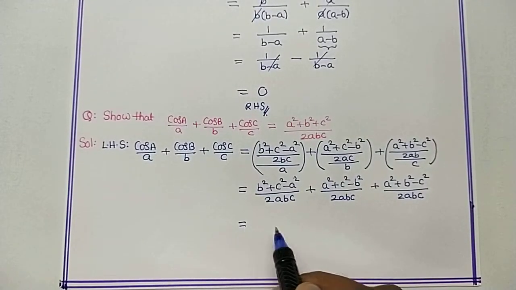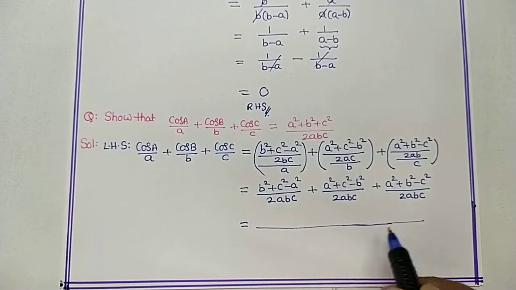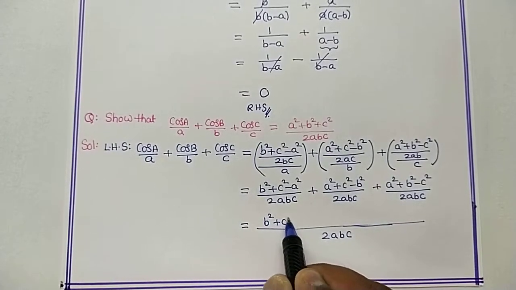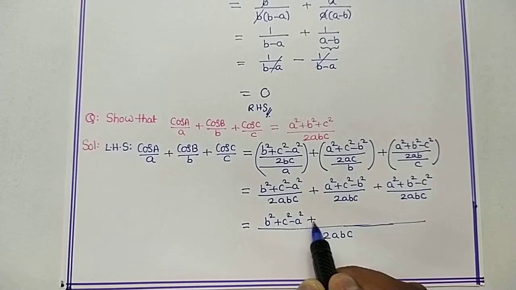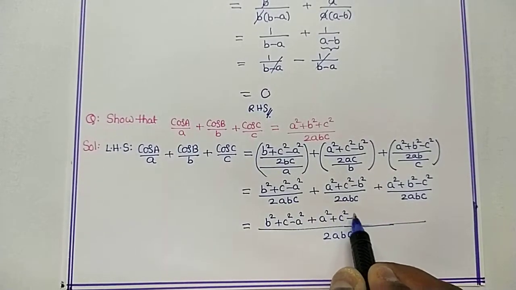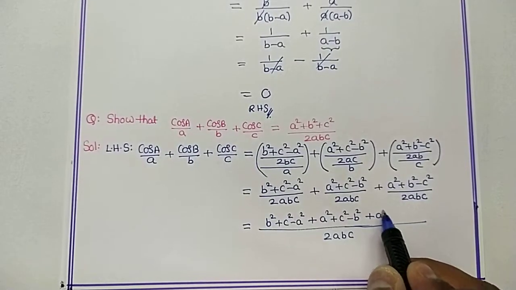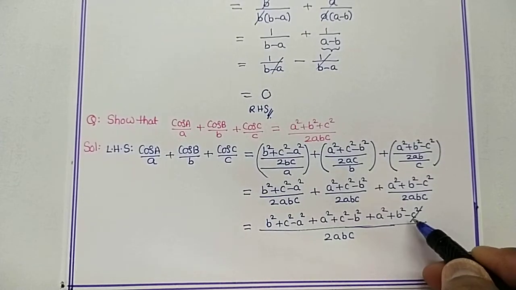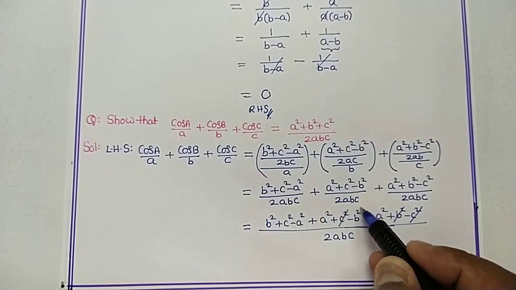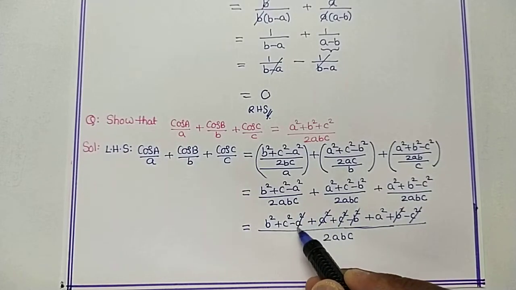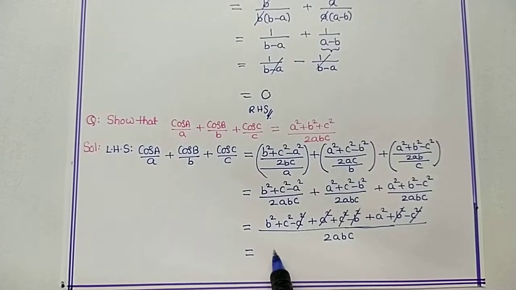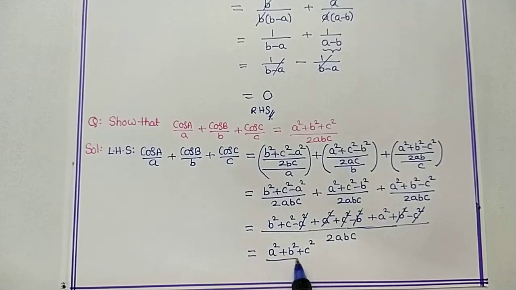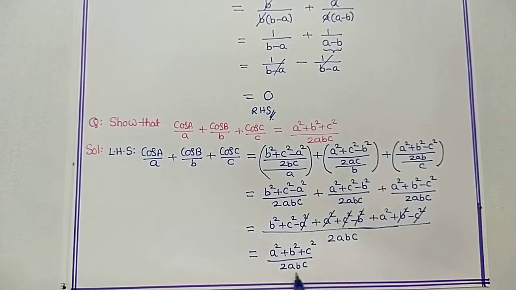So after taking LCM here, 2ABC is the LCM, B square plus C square minus A square plus A square plus C square minus B square plus A square plus B square minus C square. Minus C square plus C square, plus B square minus B square, plus A square minus A square get cancelled. We will get A square plus B square plus C square divided by 2ABC. Hence proved RHS.